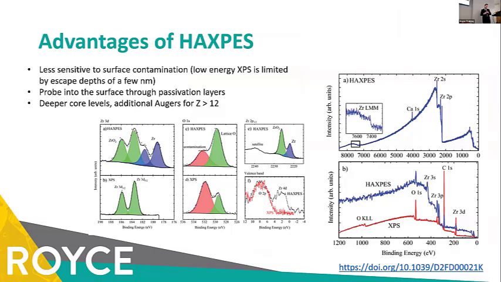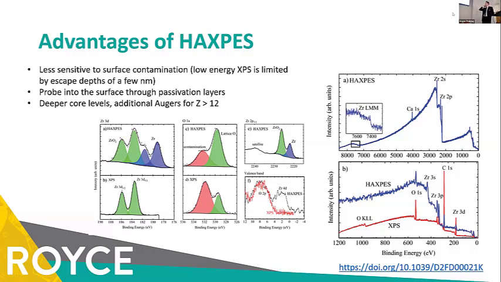It's less sensitive to surface contamination. So here is an example of a very dirty, as received, unknown provenance zirconium sample, where in the XPS survey we see a huge amount of carbon. We can measure with XPS a bit of the lattice oxygen, but we're mainly seeing contamination in the oxygen spectrum.